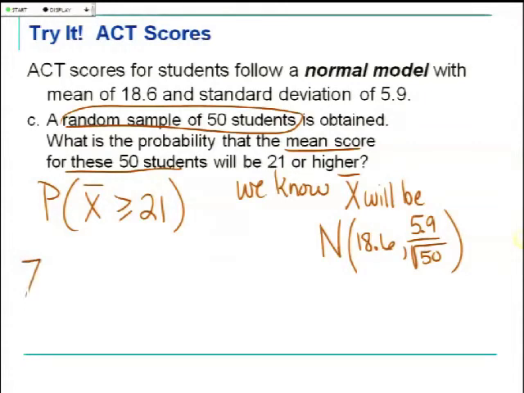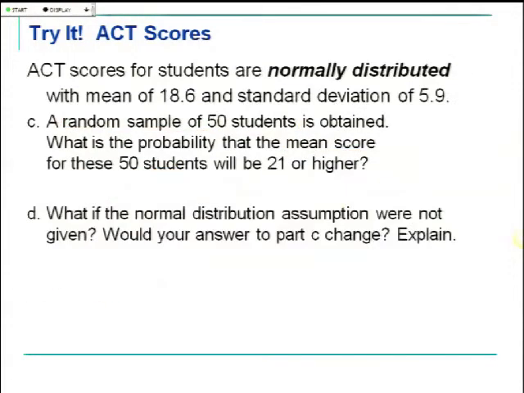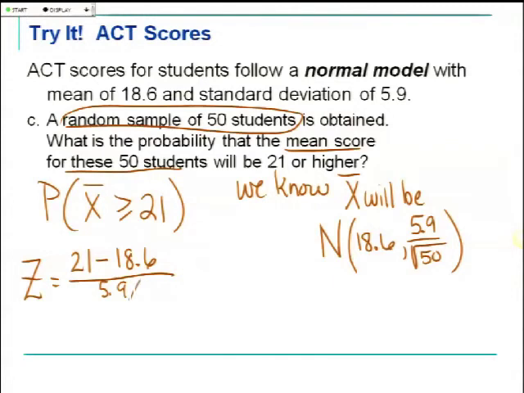So when you calculate your z-score and standardize 21 by the mean, that's the same, but the denominator is now with the correct standard deviation for an average, because averages don't vary as much from the truth. Individuals can. You can have individuals that score really high and really low, but averages tend to be closer to the true mean. And how much closer? Well, you get to divide by that square root of 50.